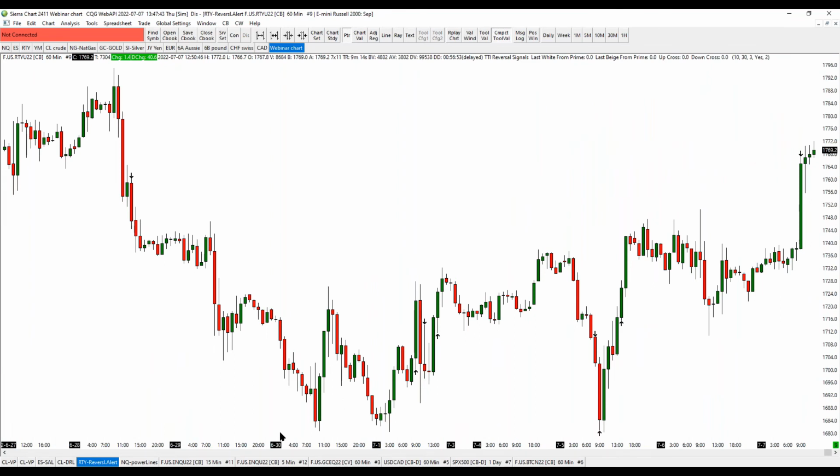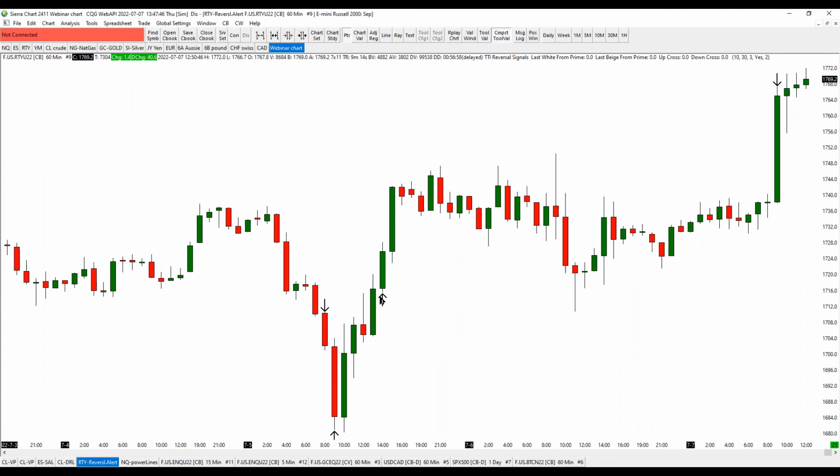You see these lines here, these indicators. This is based on a crossover of a couple of specific indicators. This is not something I would use blindly.